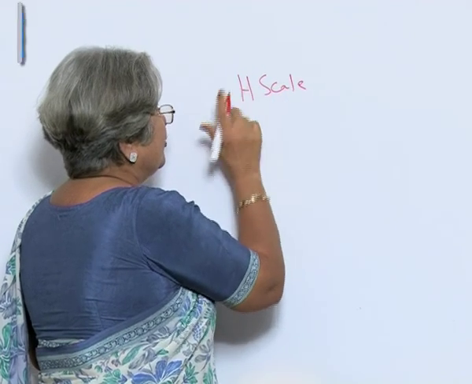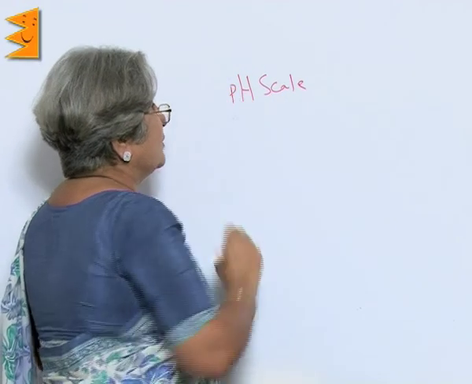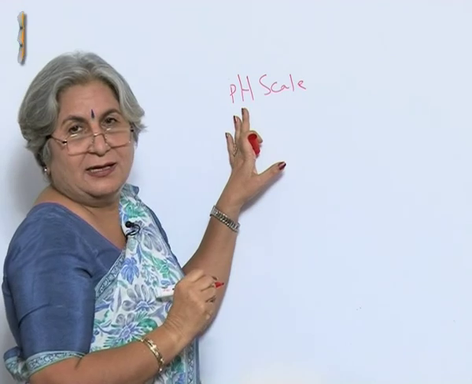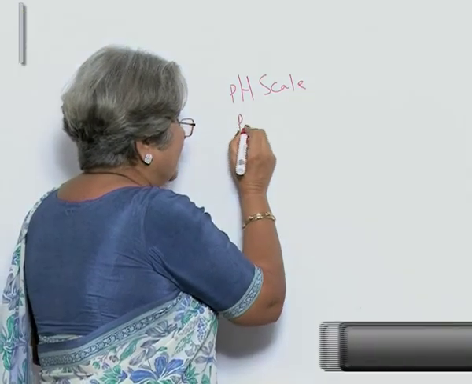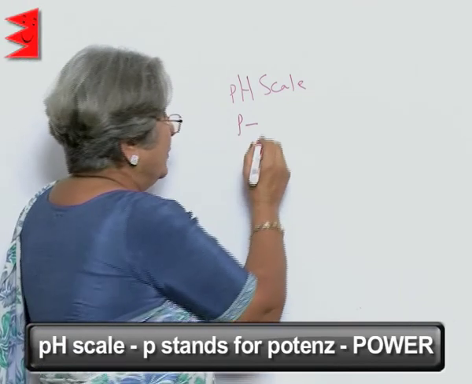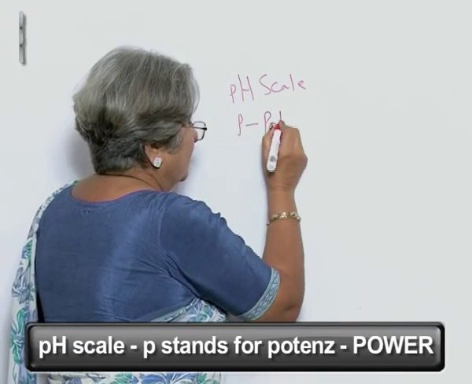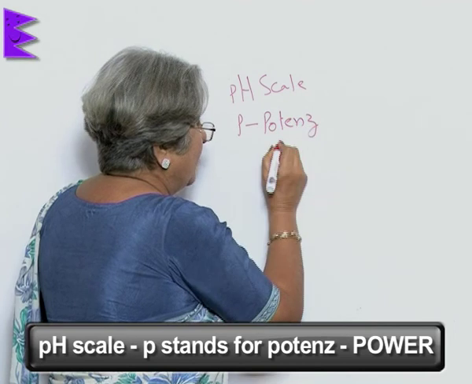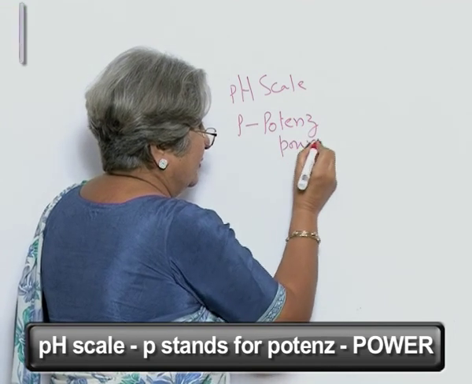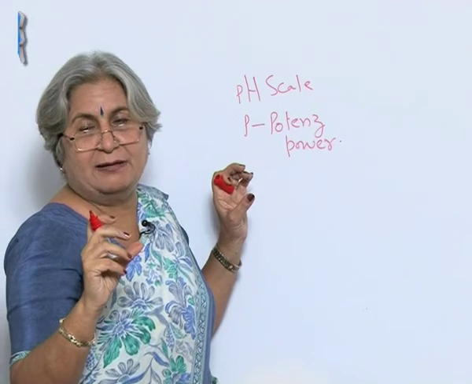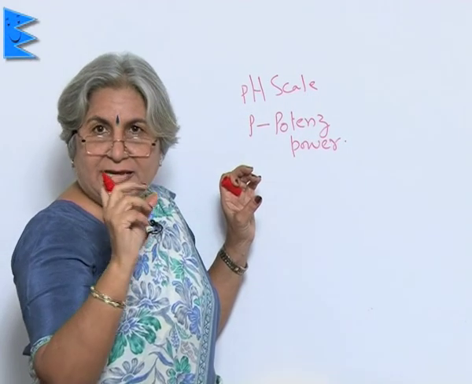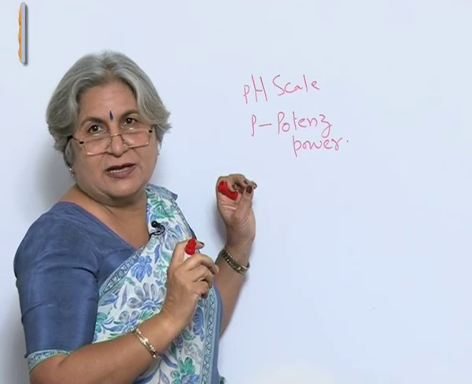In the pH, the way we write it, p is small and H is a little bigger. P stands for a German word potens, which means power. So, we have a pH scale by which we can measure the acidity or the basicity of a substance.